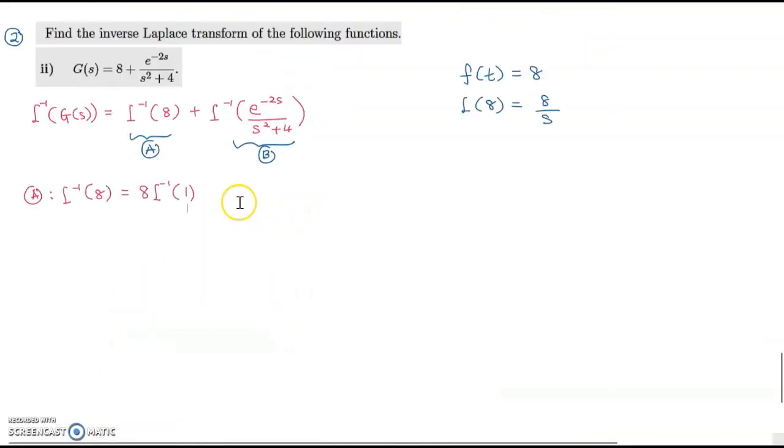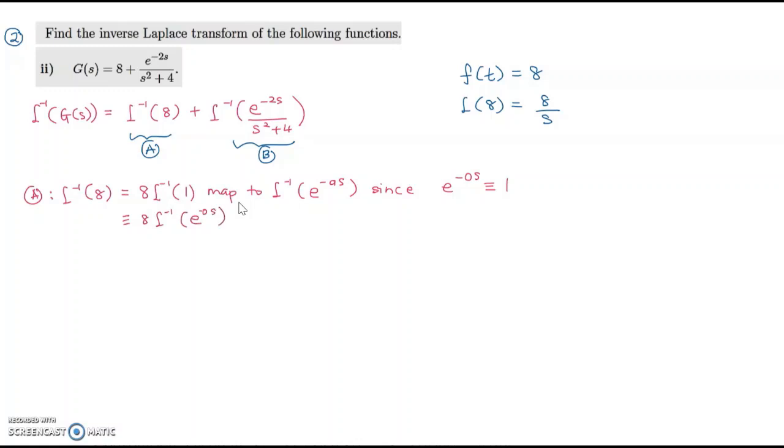Right? So if you go back to this one, this one can be mapped to the inverse of the exponent negative as. Since exponent negative 0s is actually 1, this one now is equal to 8 inverse of exponent negative 0s.